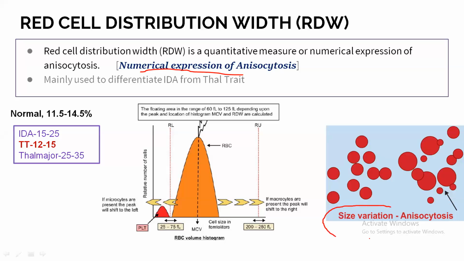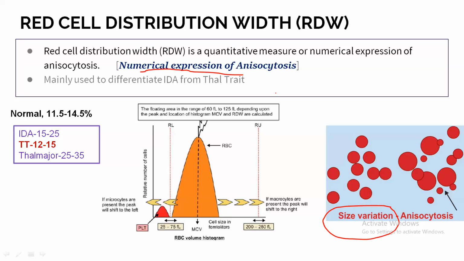Various sizes of the RBCs. If the bone marrow is trying to produce more cells, those cells will be of various sizes and shapes. That information given in a numerical manner is called the red cell distribution width, the quantitative measurement of anisocytosis.